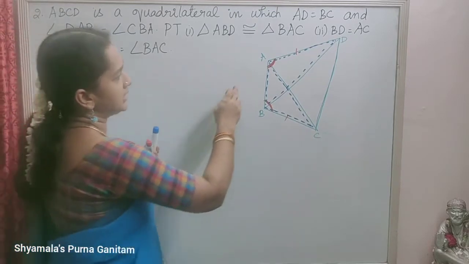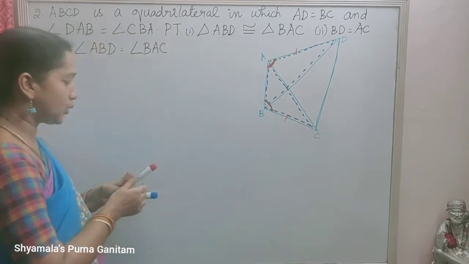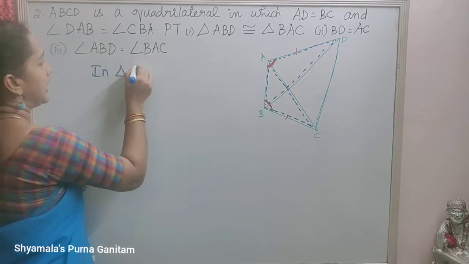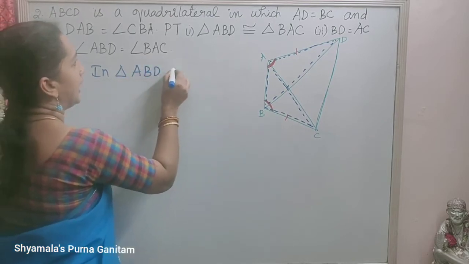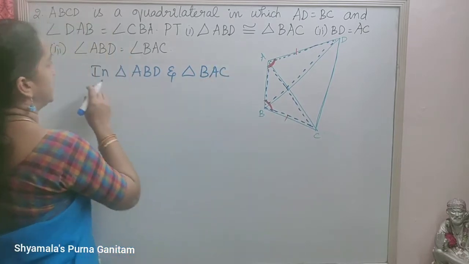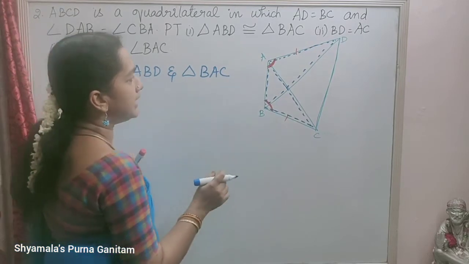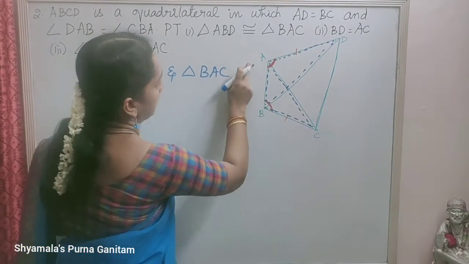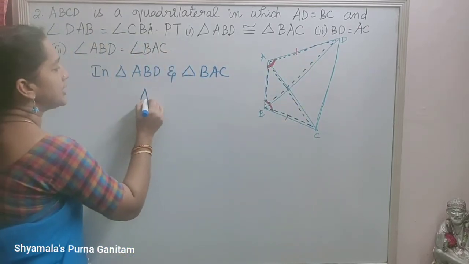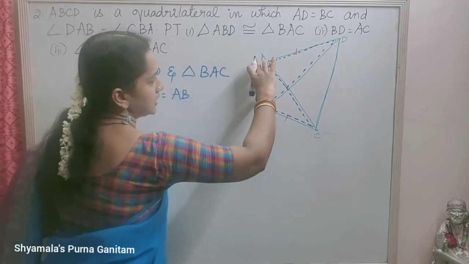So first thing, in triangle ABD and triangle BAC, if you take these two triangles, one side is equal: AB is equal to AB.